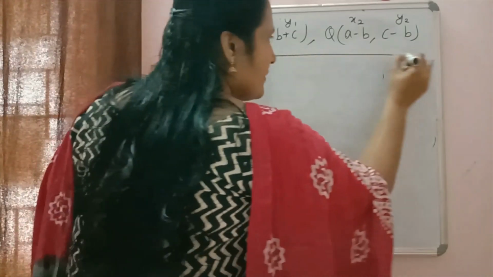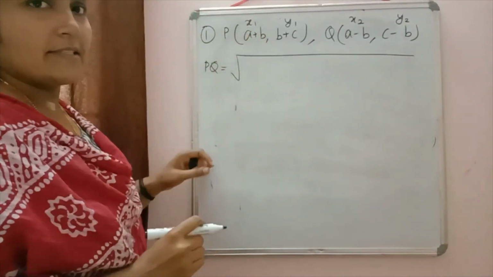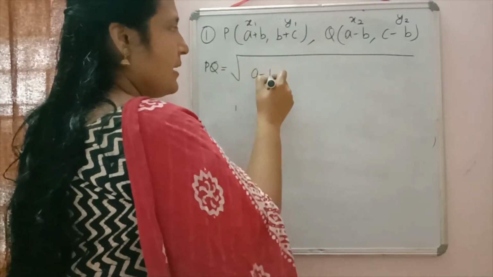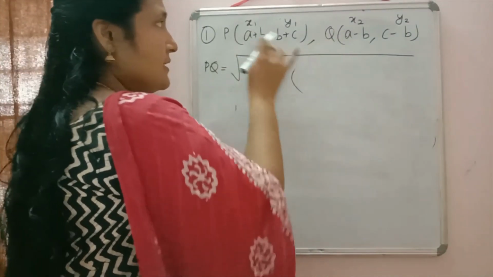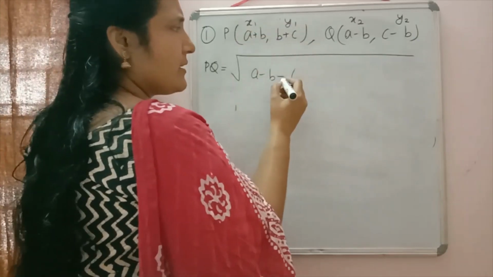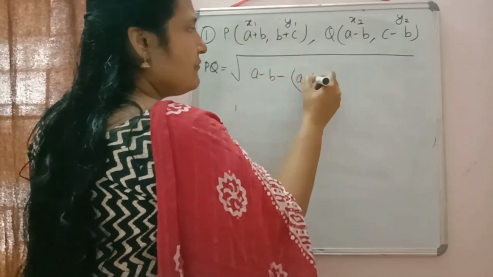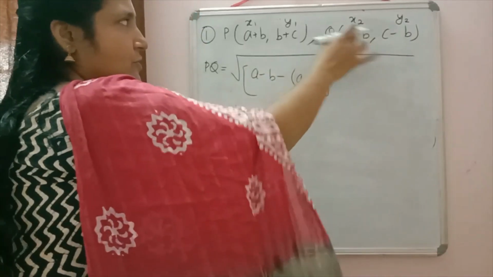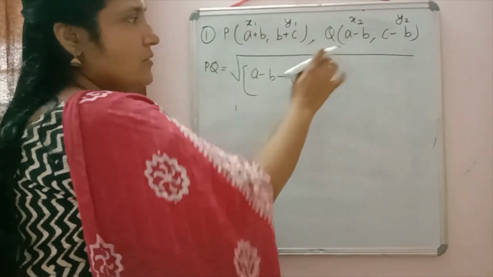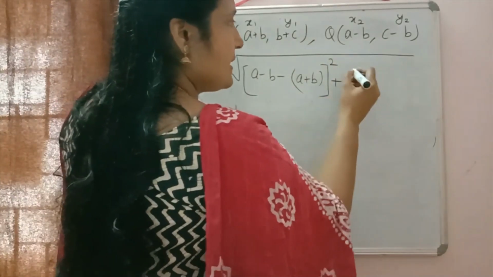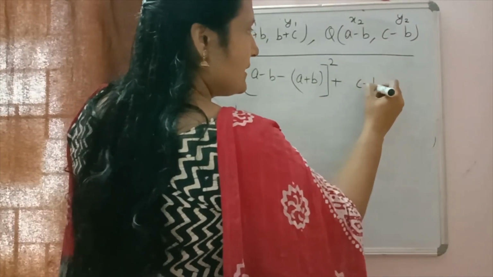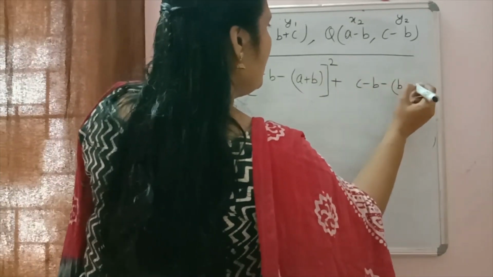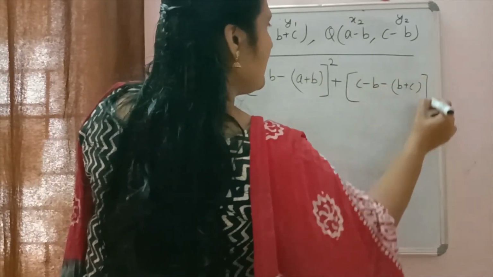Square root of (x2 minus x1) the whole square. x2 that is a minus b, minus, since two terms are there, put the bracket. After a negative sign, if two terms are coming, always put the bracket. (x2 minus x1) the whole square plus, in the same way, y2 that is c minus b, minus y1, b plus c, the whole square.